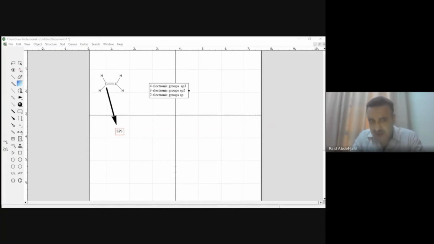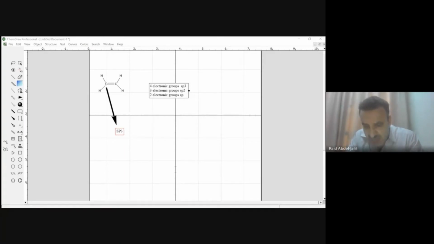For this compound, each carbon is surrounded by 3 electronic groups, and therefore each carbon will need 3 hybridized orbitals of the type sp2: always s, then the rest of the hybridization.